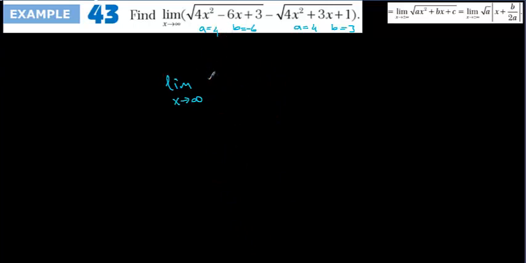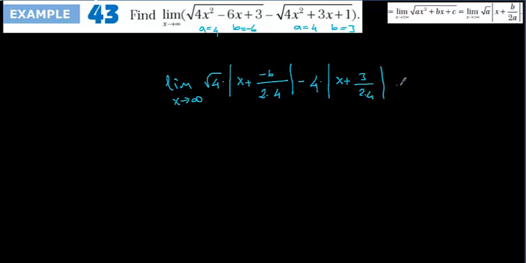Okay, then this is going to be equal to root of 4 times x plus minus 6 over 2 times 4, minus root of 4 times x plus b, where b is equal to 3, over 2 times 4 again.